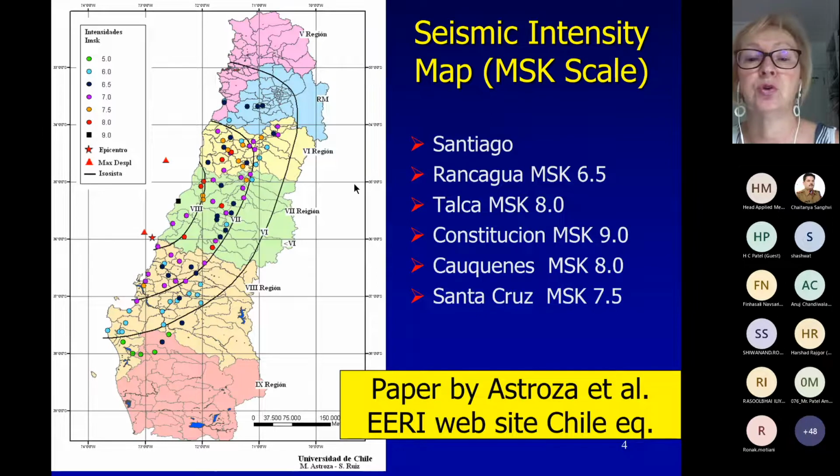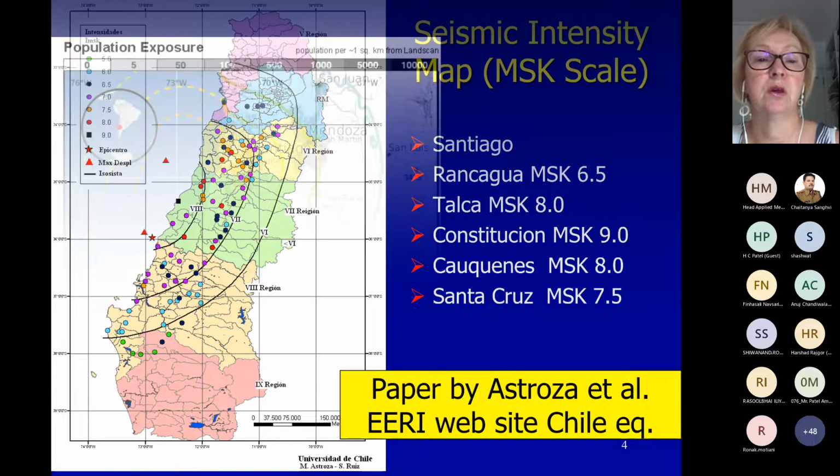I went to the city Constitucion, which had intensity of 9, and I have photographs from there. And then I also visited cities that had intensities 8 or 7 in this earthquake zone. There is a paper that discusses intensities after the earthquake. They are very good at doing this type of analysis after every earthquake in Chile.